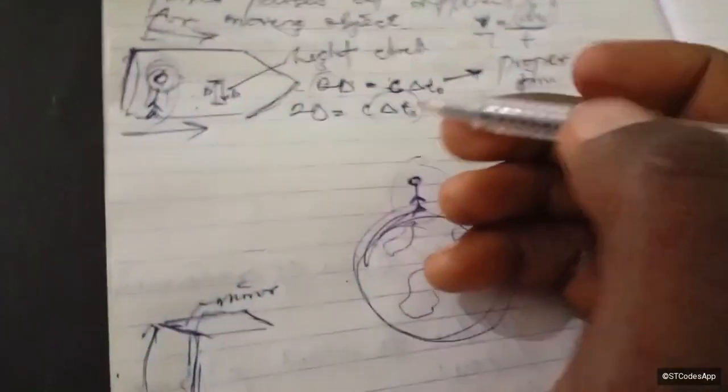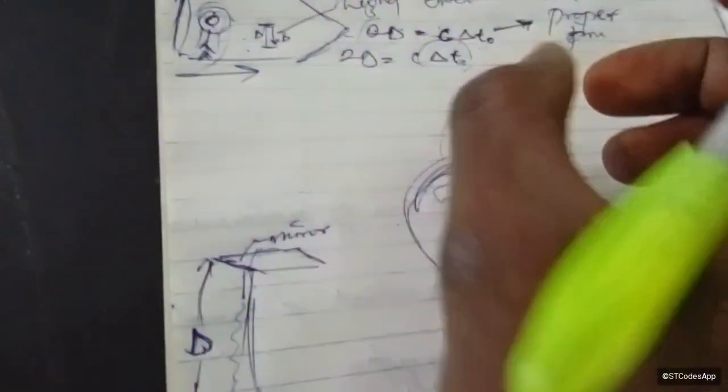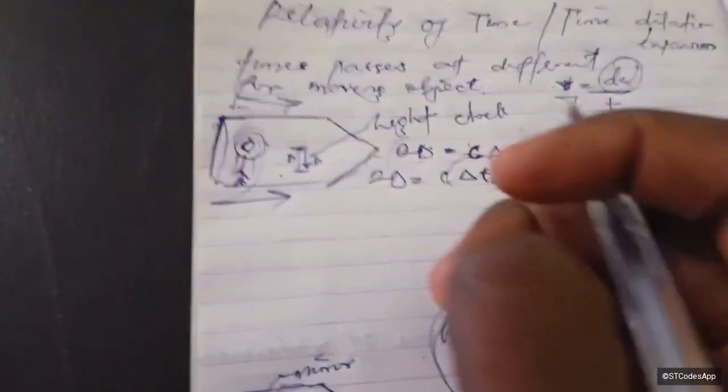Okay. So this equation holds true for the astronaut: 2D is equal to CΔt naught. This is the change in time over which that event is occurring, the flash of light.